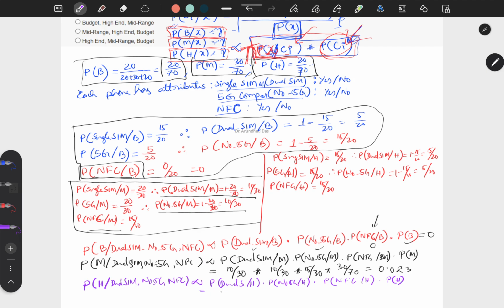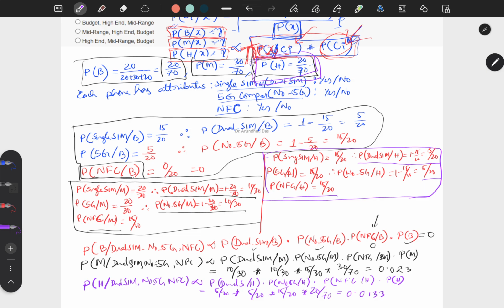All these values we need to concentrate on: dual SIM, this value, 5 by 20, multiplied by 5 by 20 again, multiplied by this one, 15 by 20, multiplied by the probability of high end, 20 by 70.